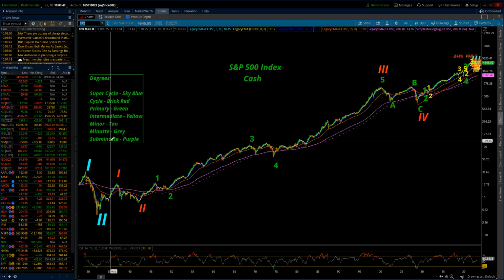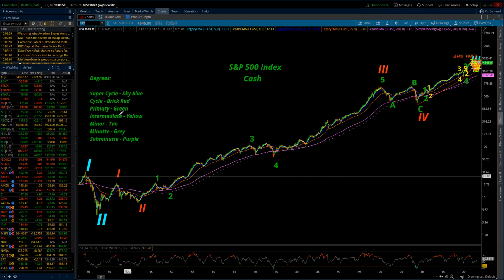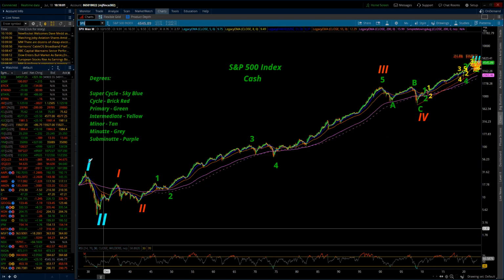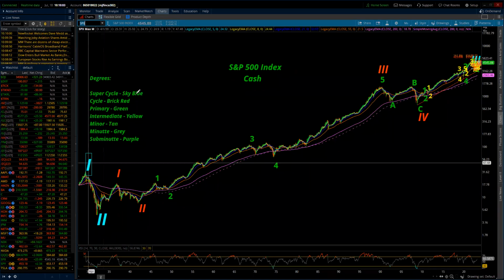When you're starting, Elliott always told us to start with the largest chart you can get with the most information, the most data. You start by counting 1, 2, 3, 4, 5, and you fill in your blanks. I started, and this is based on Elliott's work actually, with a super cycle.